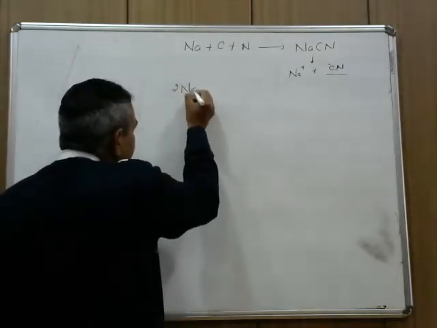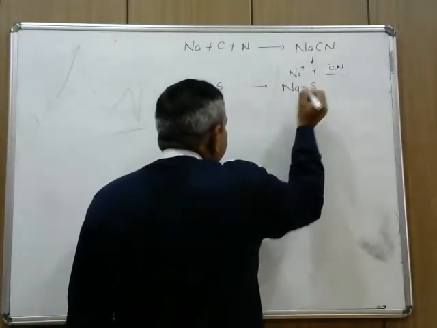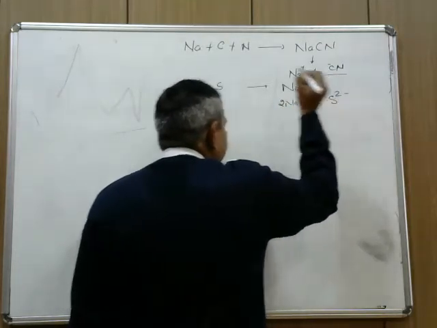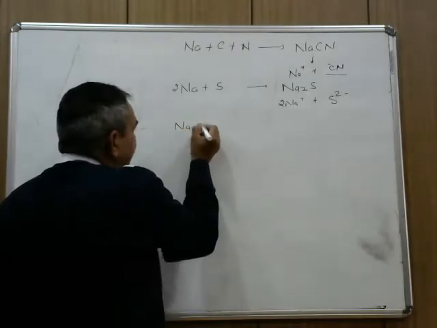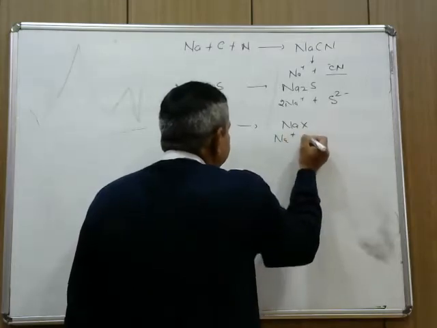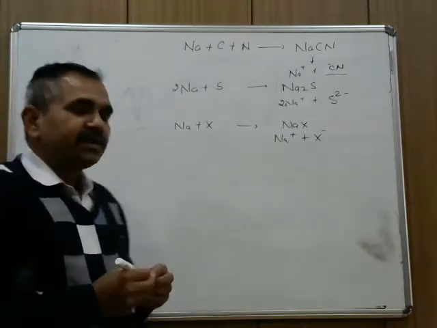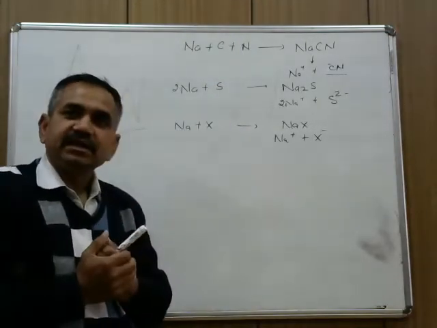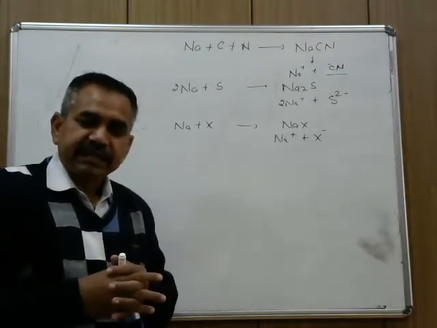Similarly, sodium reacts with sulfur to form Na2S, which is actually 2Na+ and S2-, and Na plus X gives you NaX, which is actually Na+ and X-. So in an organic compound, elements like nitrogen, sulfur and halogens are present covalently bonded.